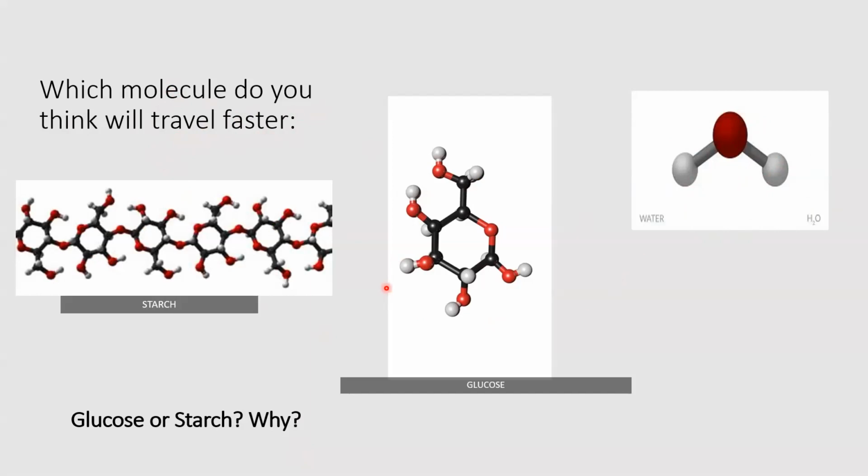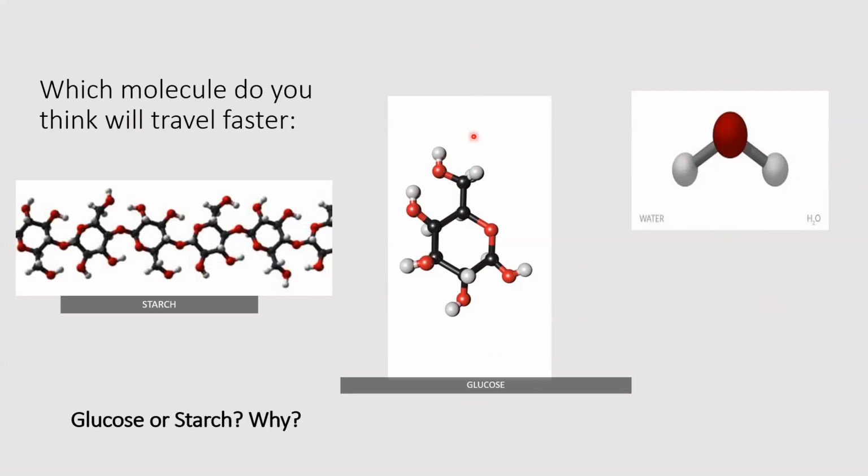It's 6 carbons, 12 hydrogens, and 6 oxygens that are going to need to get across. So obviously water is a lot smaller, so it's going to be easier for it to travel across the cell membrane than glucose.